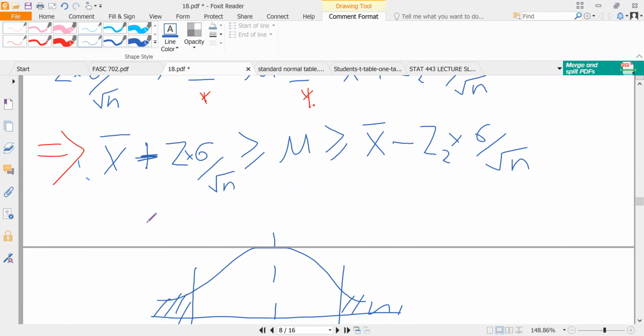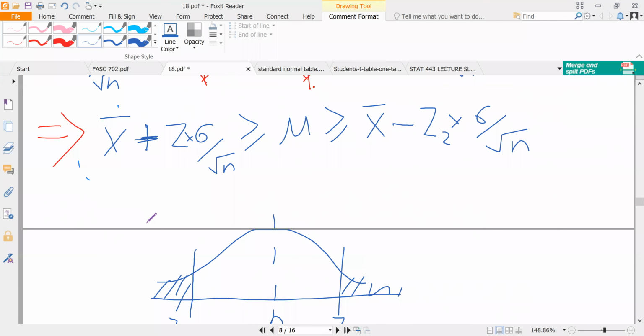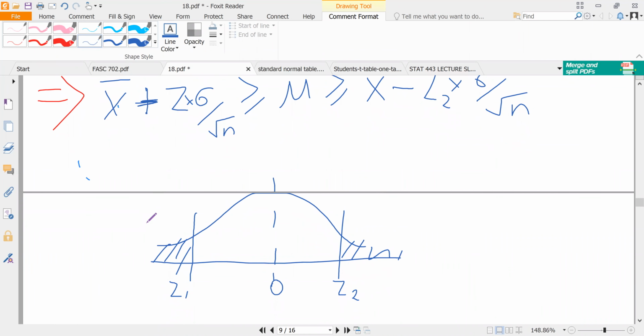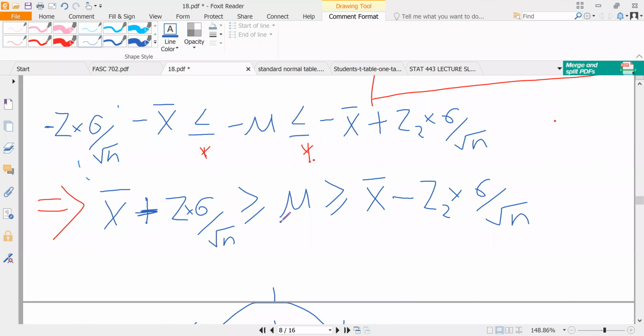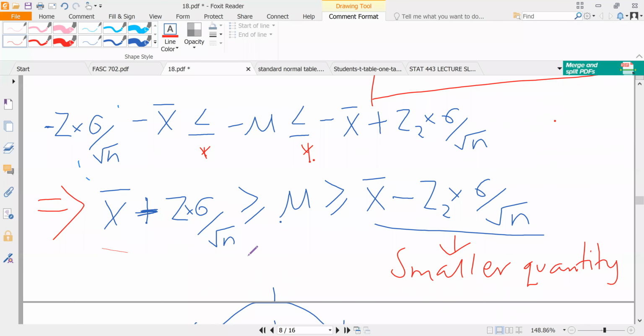Now, in rewriting this quantity here, that expression up there is the same as, because x bar plus z sigma over root n is greater than mu, which is in turn greater than x bar minus z2 sigma over root n, then it means that this is the smaller quantity, and this is the larger quantity in that interval.